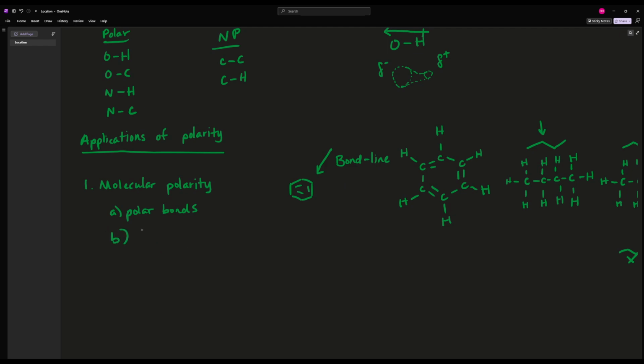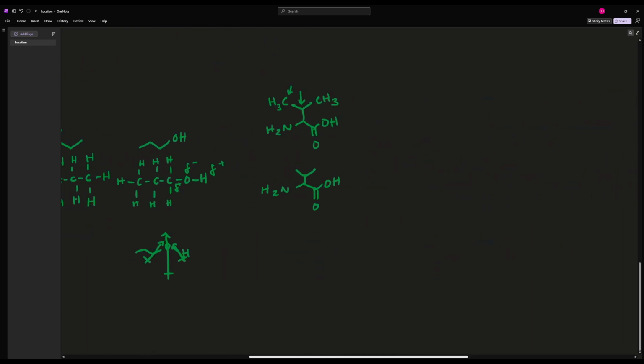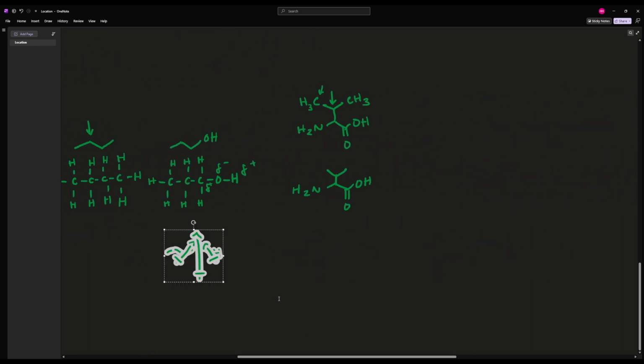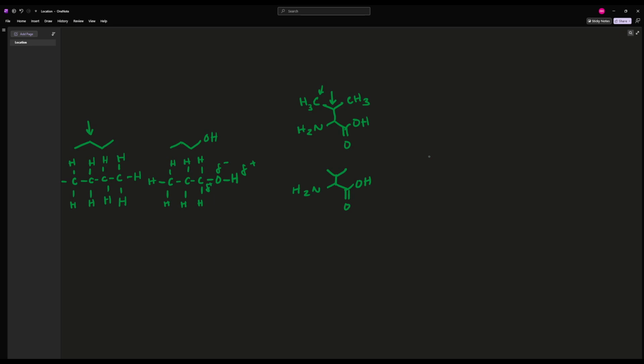So besides polar bonds, we also need to look at molecular geometry. To really illustrate why molecular geometry matters, we can look at carbon dioxide. Its structure looks like this. If we were to draw in our dipoles, we will have one there and a second one on the right side.